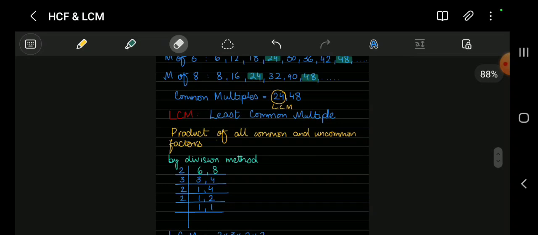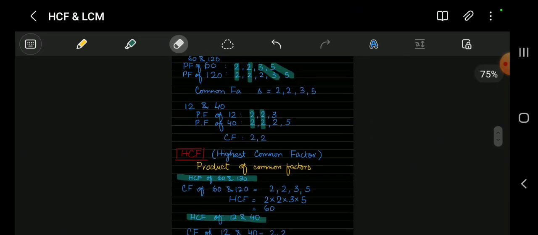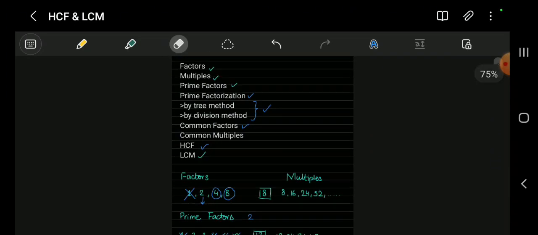I hope you get all of it and understand each and everything in it. We have covered everything related to factors, multiples, prime factors, prime factorization, common factors, common multiples, HCF, LCM, all of them. Hope you understand everything.